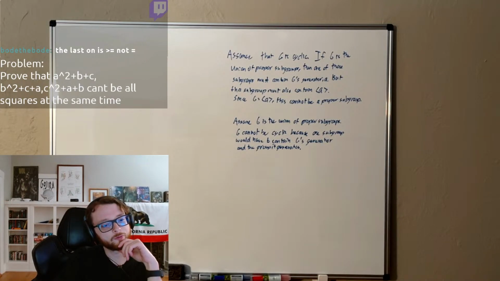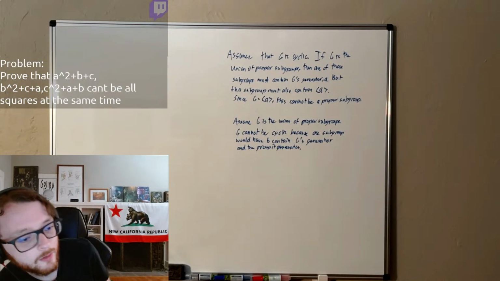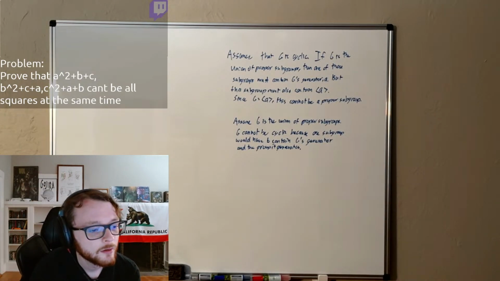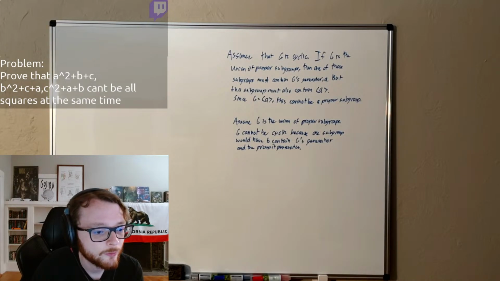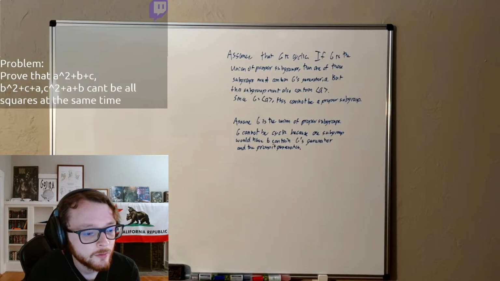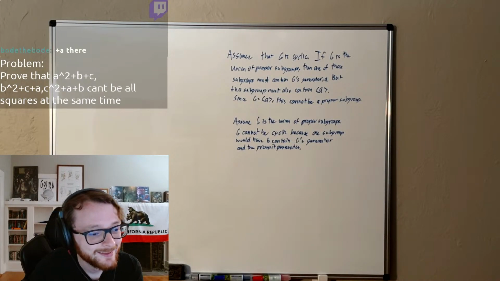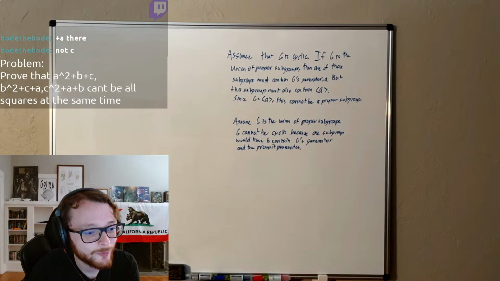a plus b plus c squared is equal to k squared for some k. c squared plus b plus c is greater than c squared. Plus a, okay, yeah, that makes more sense. c squared plus b plus a is greater than c squared.